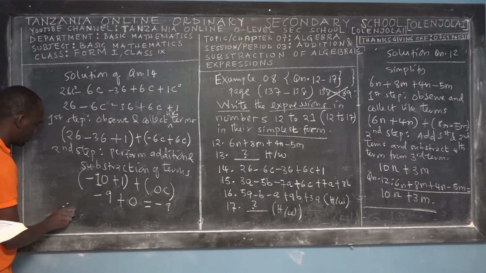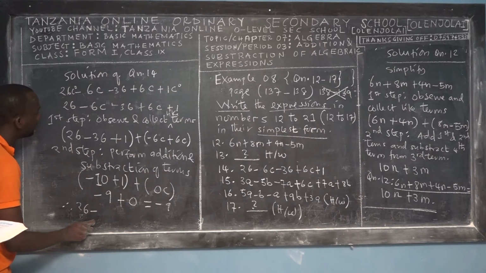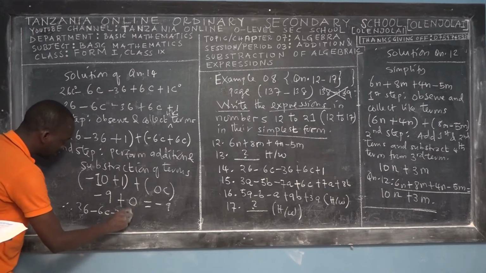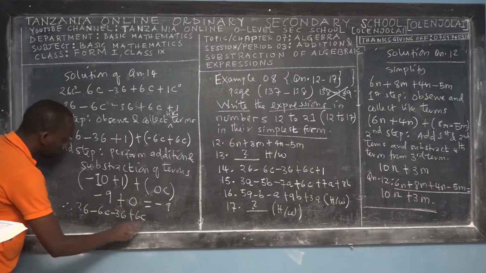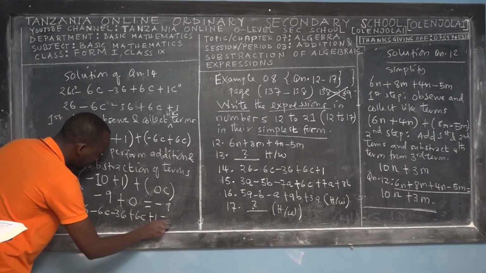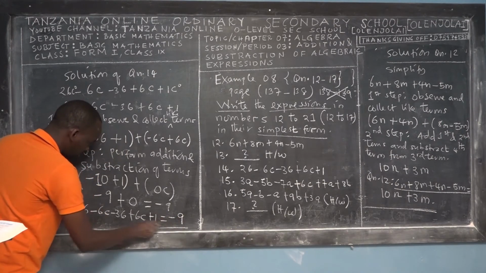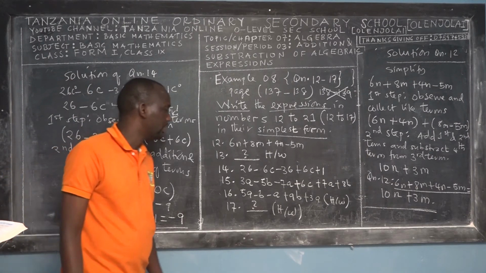Therefore, 26 minus 6c minus 36 plus 6c plus 1 is equal to negative 9. So we will meet the excuses.